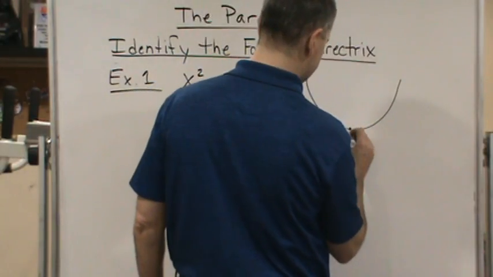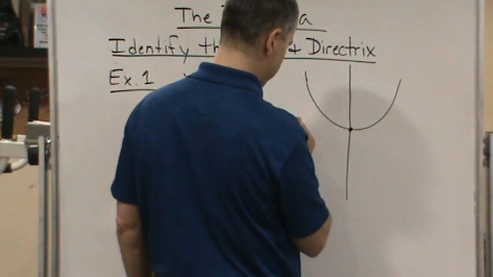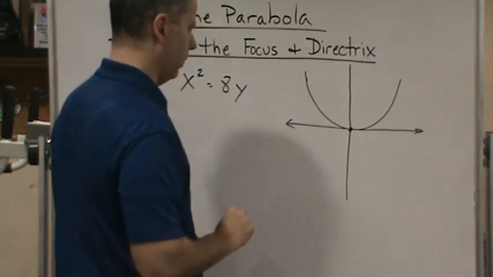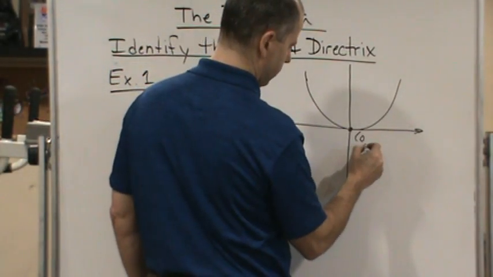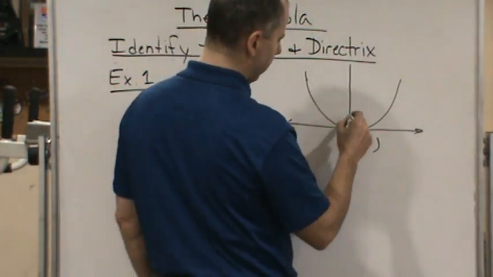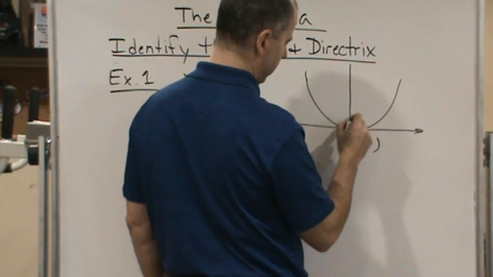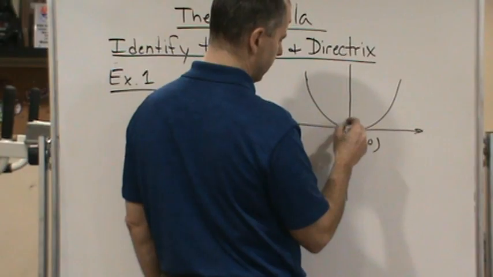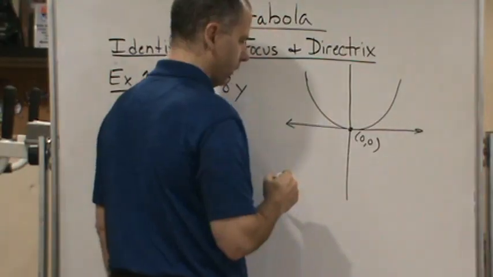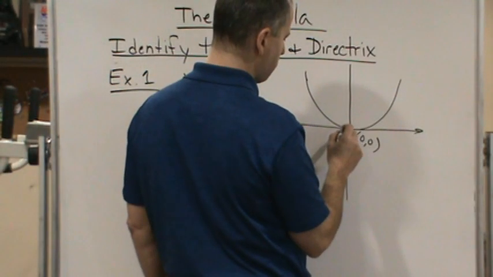So the vertex, they're telling us, is considered to be at the origin. So that's going to be (0, 0). And what they want to know is, where is the focus? Where should we put the bulb or the filament? If we have the bulb, where should the filament or the center of the bulb be located to maximize the reflective properties of the parabolic lens?